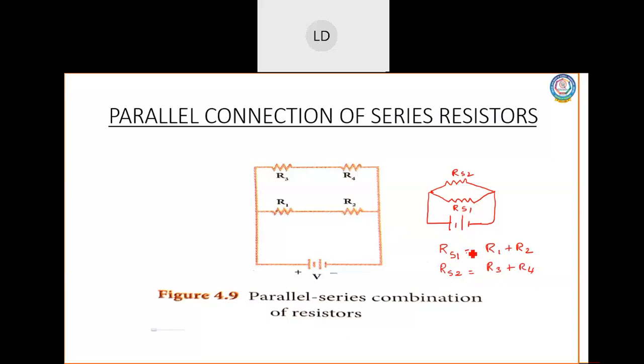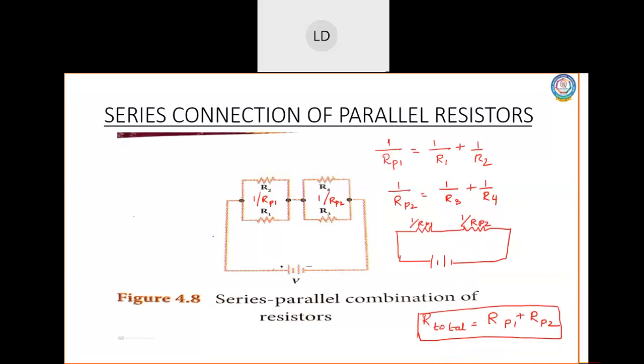Now this effective combination is in parallel. So what will be the total resistance now? The total resistance is given by 1 by R total, which is the parallel connection formula, equal to 1 by RS1 plus 1 by RS2. Is it clear? So this is the formula for parallel connection of series combination, and the earlier one is the formula for series connection of parallel resistors.